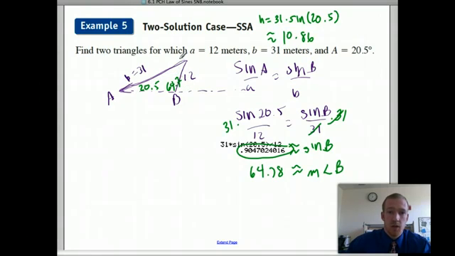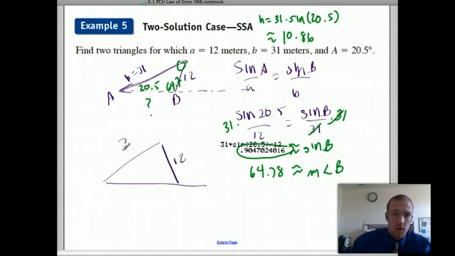So you can subtract these from 180 and find this one, and you can use the law of sines to find the third side. Alright, and then the other angle, since it's like this, we have the alternate setup where this is 12, 31, A, B, C here. We know all this.